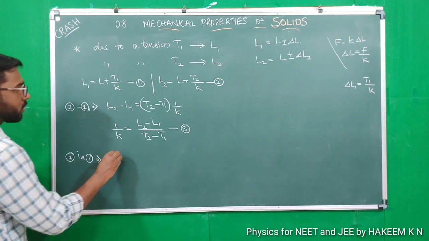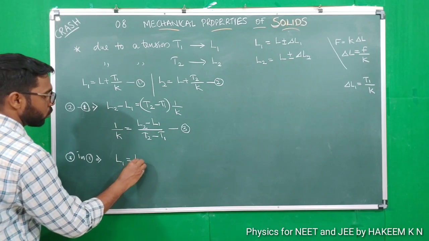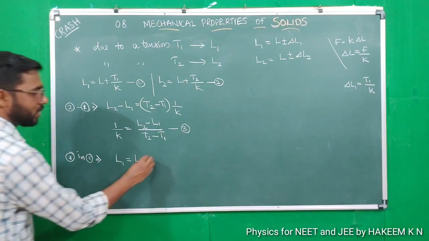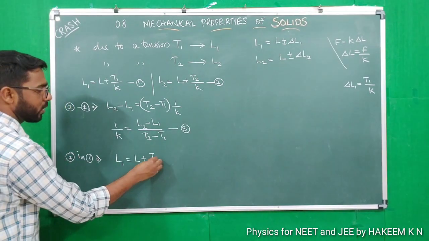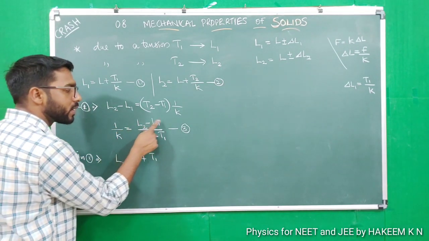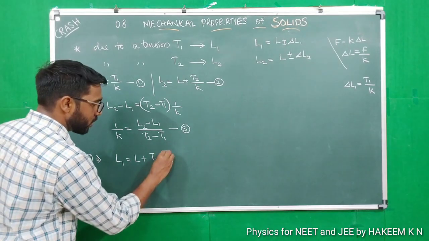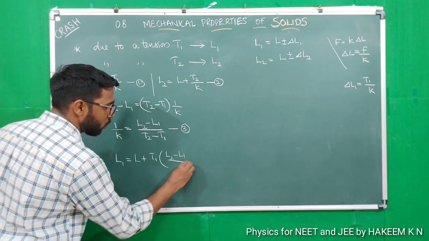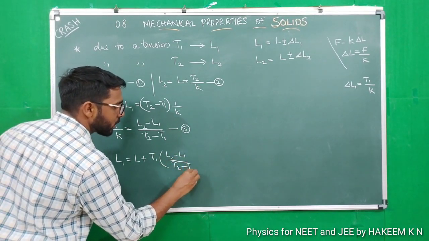L1 equals L plus T1 by K. For 1 by K, I can use L2 minus L1 by T2 minus T1.